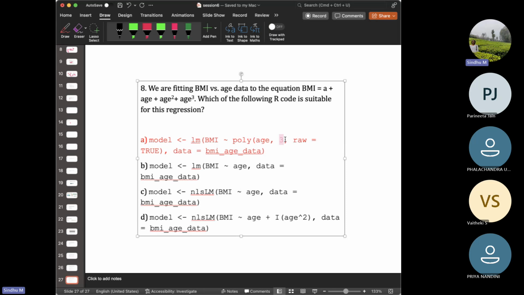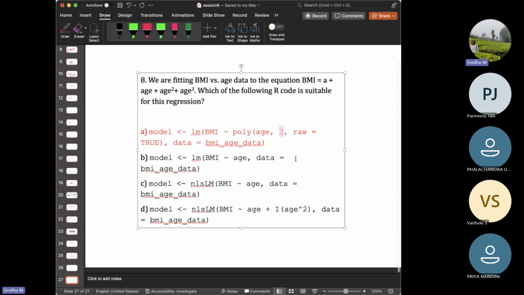And this 3 is the highest degree, which for a cubic equation goes up to age cube. And raw equal to TRUE means it will take the raw data. And we have to specify which data frame the model has to take the data from. That is the BMI underscore age underscore data set.